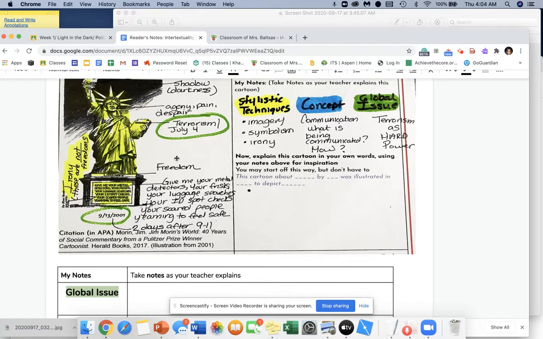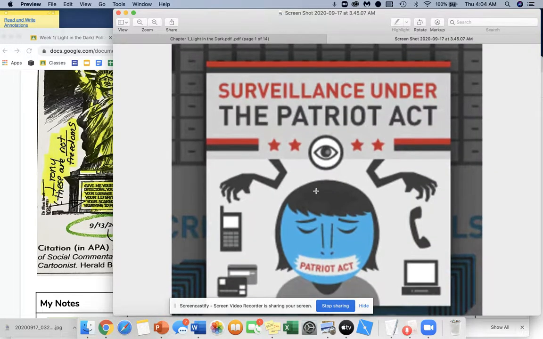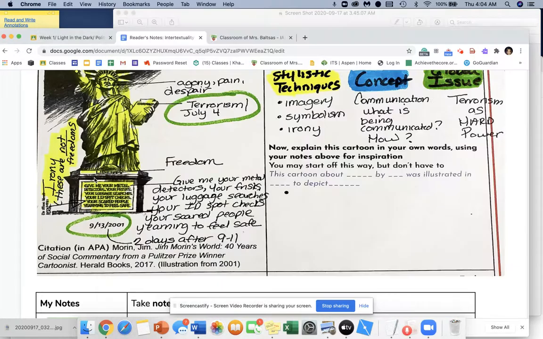Okay, and then we are going to get to irony. Many political cartoons convey irony. Well, the irony, as you can see, is we have an object here, right? We have a symbol that represents freedom. However, on the flip side of that, these here are not freedoms. And again, this is a result of this Patriot Act that came about when Bush was president. All of these freedoms were being taken away by the Patriot Act.